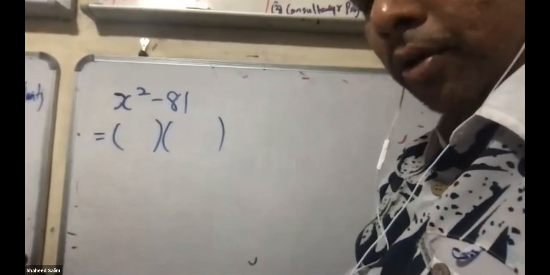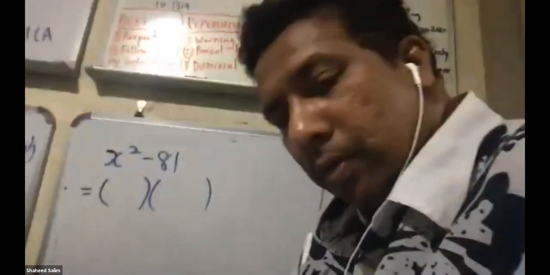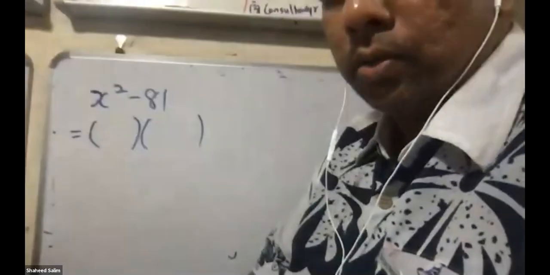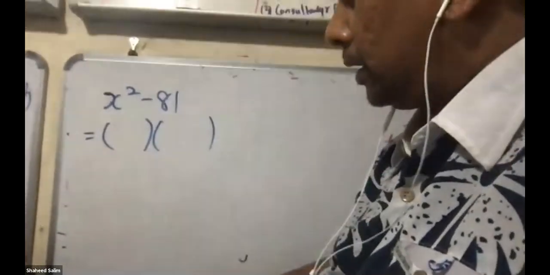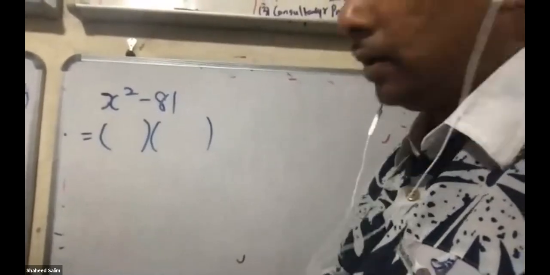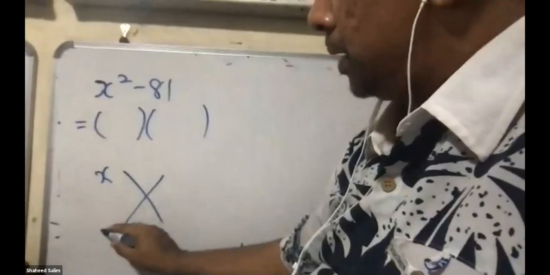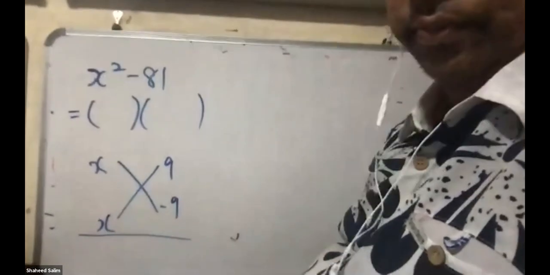Akila, well done, but not all. This one now, bracket. Shafi, 81 minus 0. What is this? You want to factorize like this? Okay. Those of you who are confused, this is actually completing the square, but there is a pattern actually. So 9 times minus 9 equals minus 81.